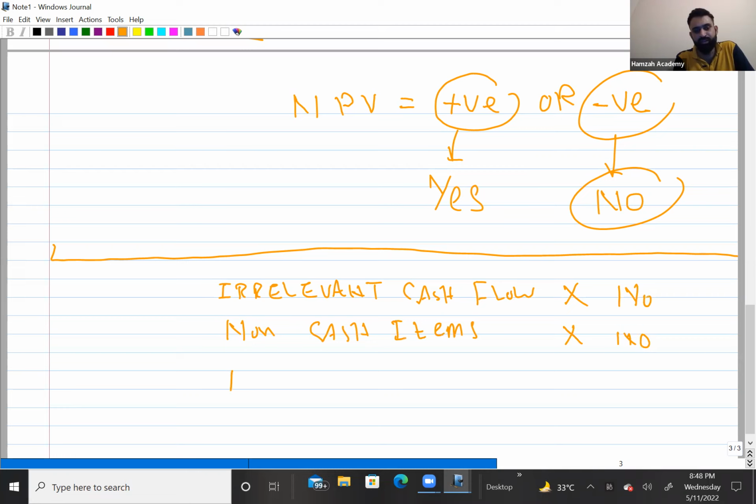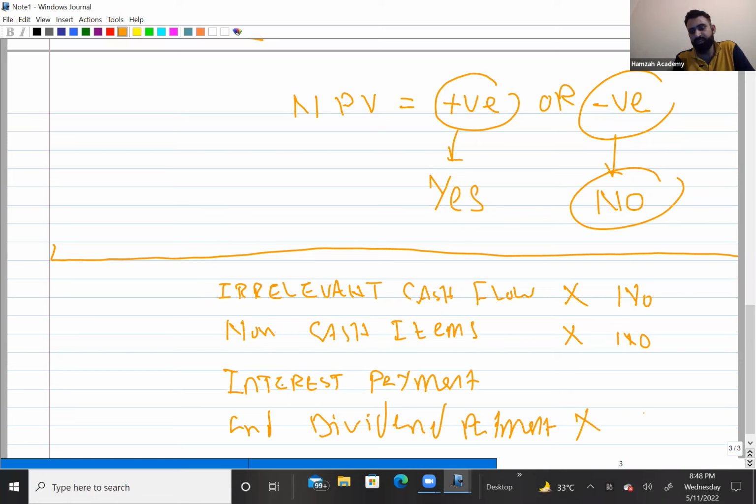Number 3, interest payments and dividend payments.